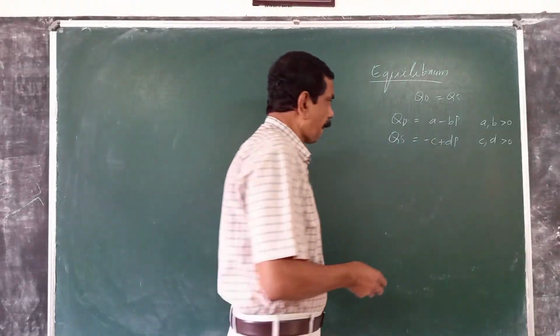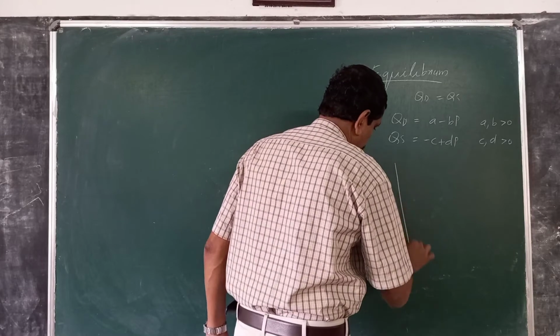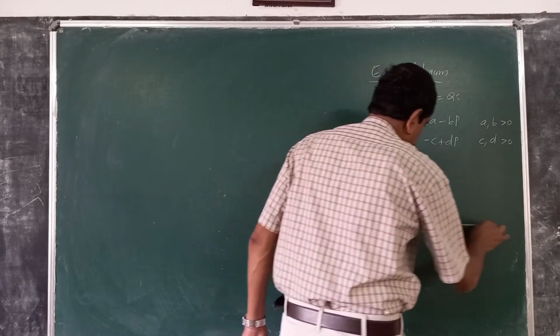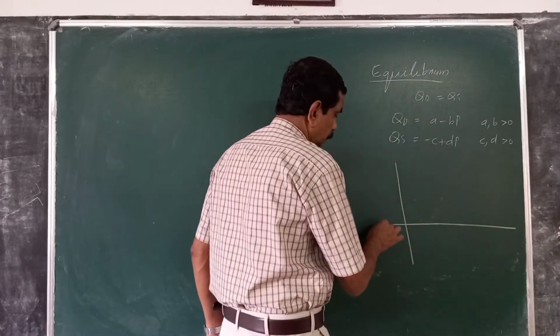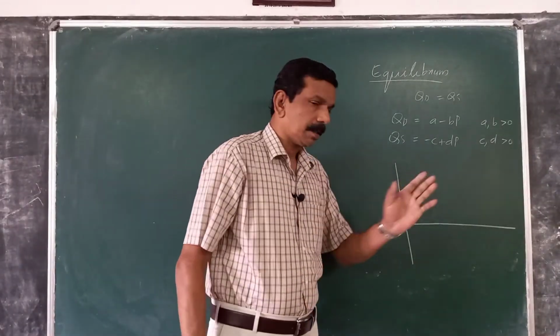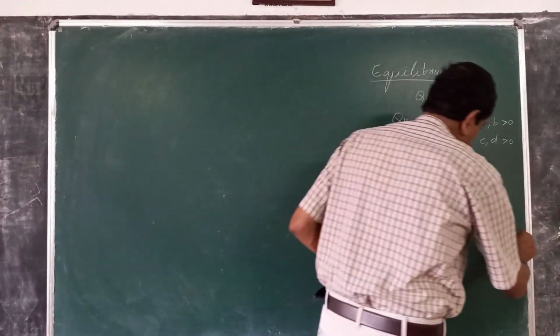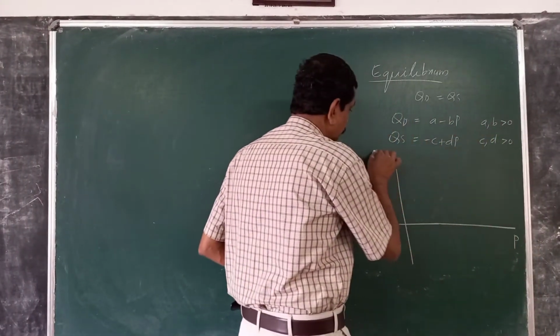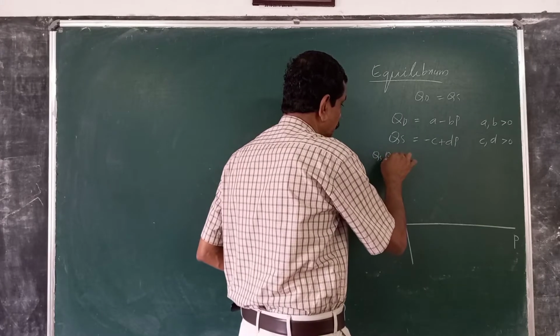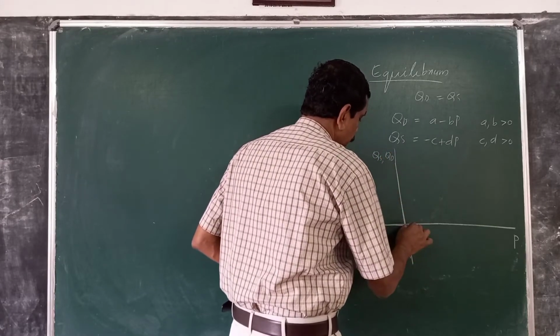Now, let me first express these points graphically like this. Unlike what we do conventionally in economics, I take price here, quantity here, QS and QD here. That is the practice in mathematics.